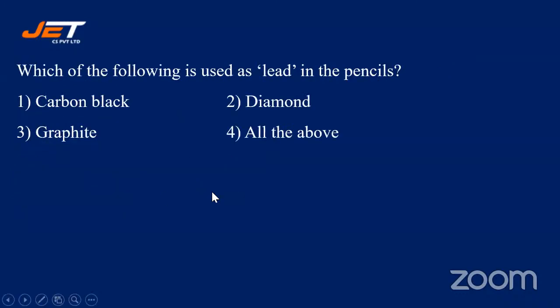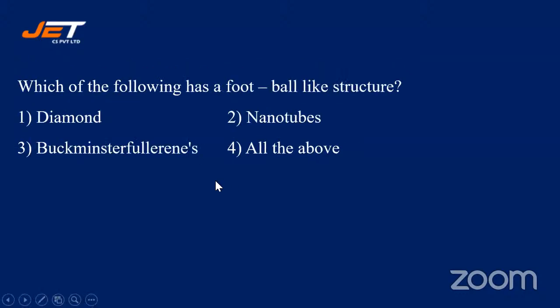Let us move to the next one. Which of the following is used as lead in the pencils? Everyone uses a pencil, right? Yes, very good. It is graphite. Let us move to the next one.